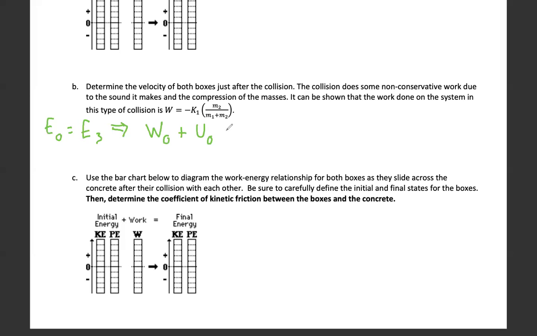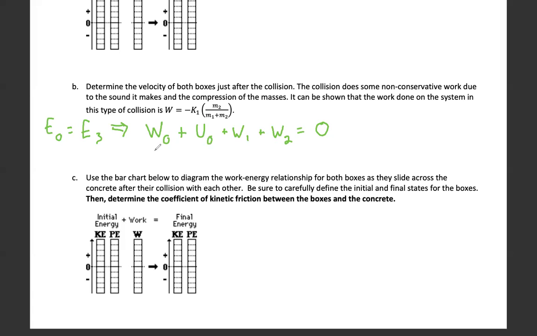And then when we ended, there was no potential energy, no kinetic energy, but we also had some work we did during the collision, that's what we called work 1, plus some work that was done by the friction, which we could call work 2. And that would all equal 0 because there was no potential or kinetic energy at the end.